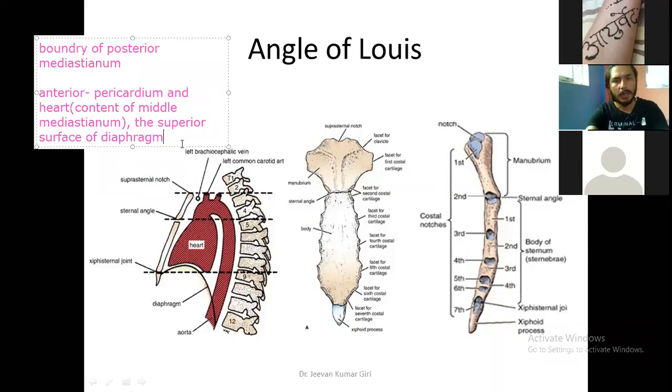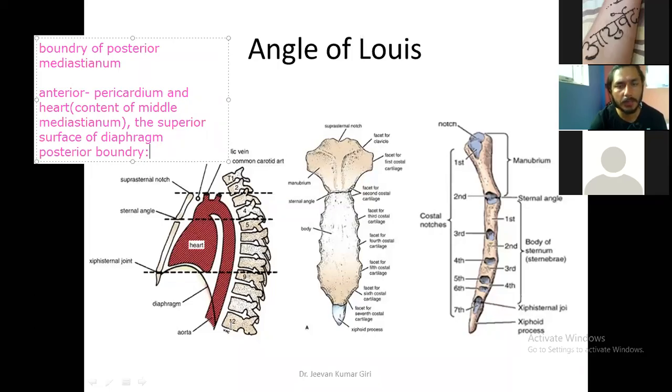So next is the posterior boundary. See here. Can you see this structure? Vertebra is there: 5, 6, 7, 8, 9, 10, 11, 12. So from 5 to 12 thoracic vertebrae.